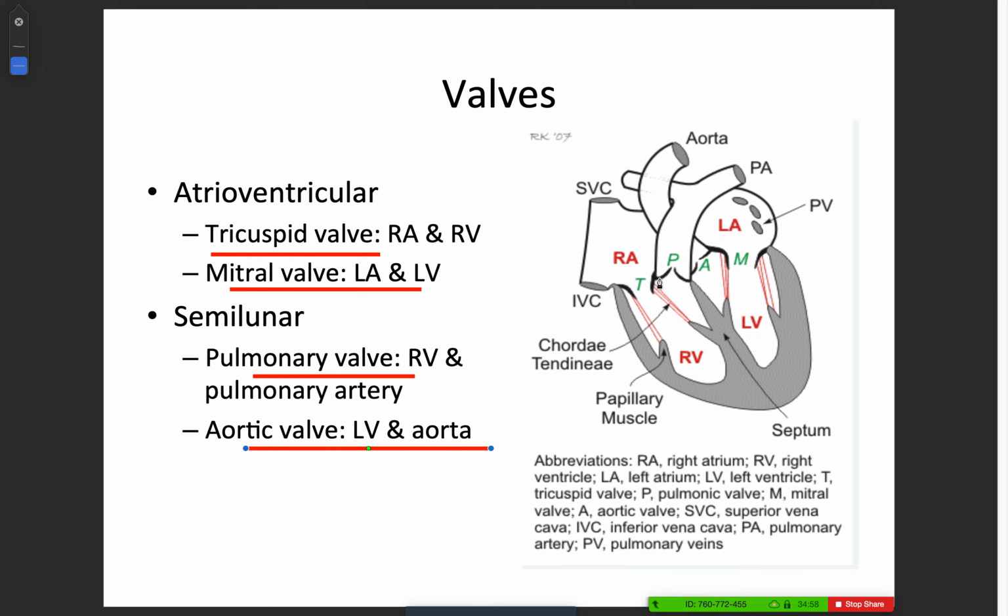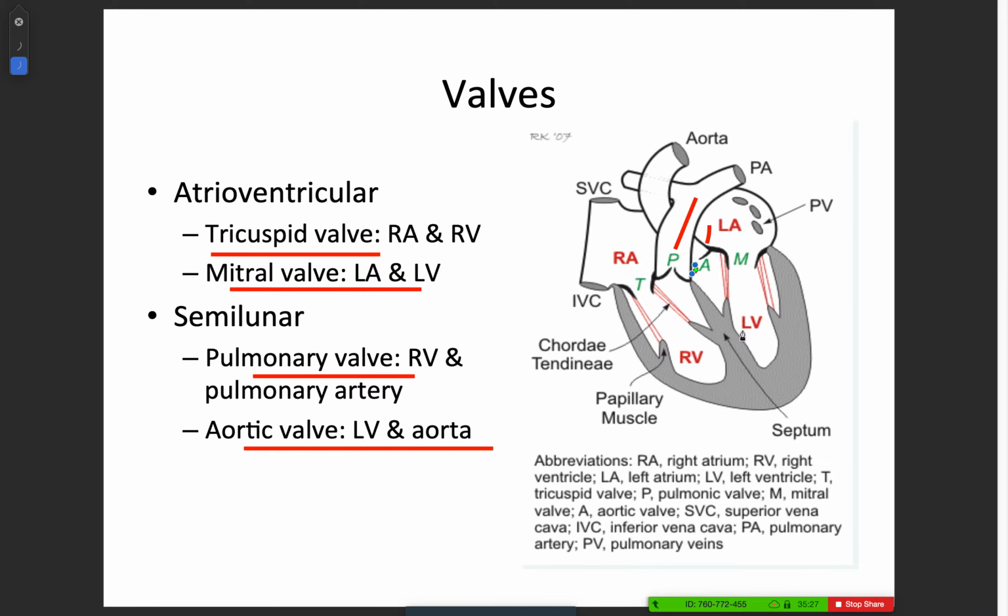If you look at, for example, this pulmonary valve, you can see that it curves upwards towards the pulmonary artery rather than towards the right ventricle. It's almost like a cup that can catch any blood that's moving downwards. Look at the aortic valve here on the left side of the heart. You can see it's the same thing. It's almost cupped.